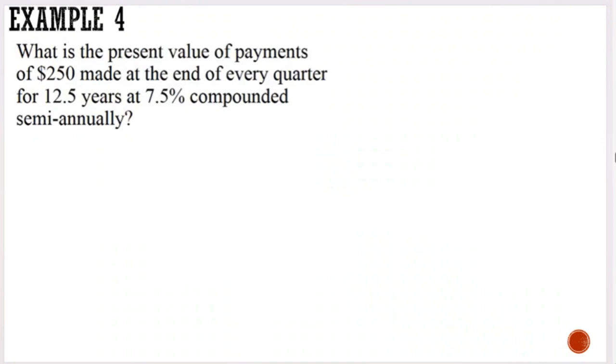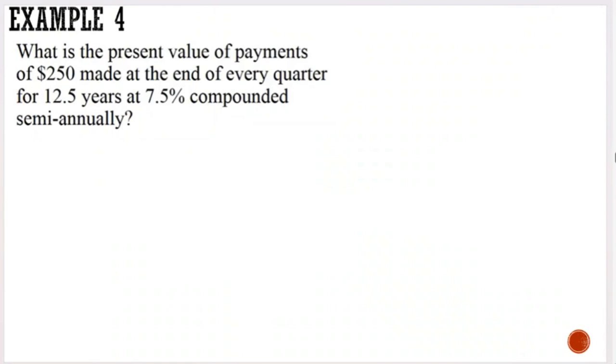We are lucky that we can use our calculators. And remember, what are the things that you need to keep in mind? You must make sure that your interest rate is compounding at the same time as your payment period.